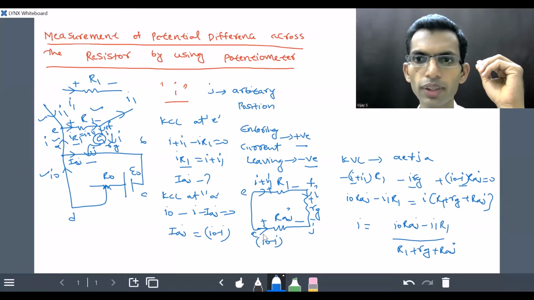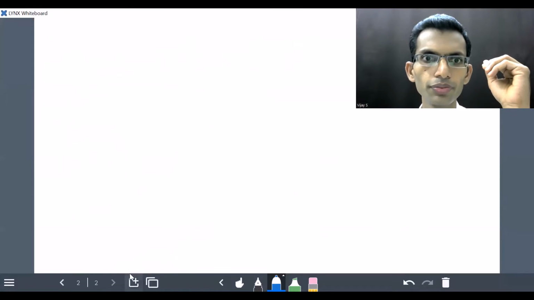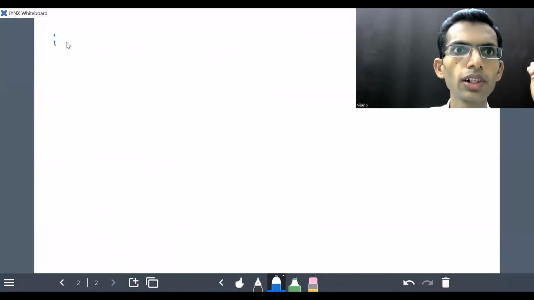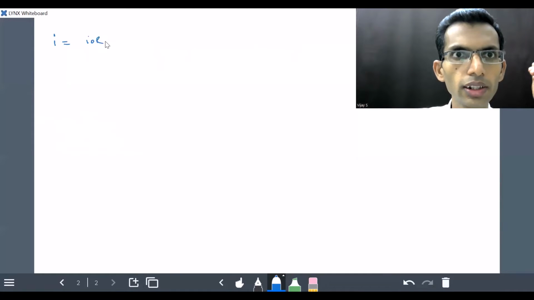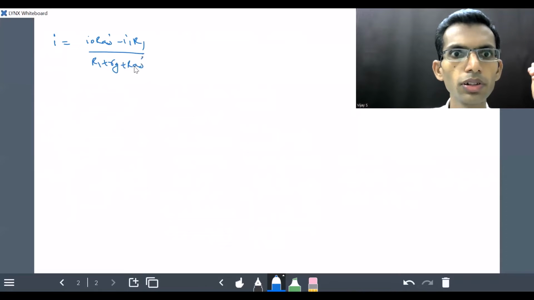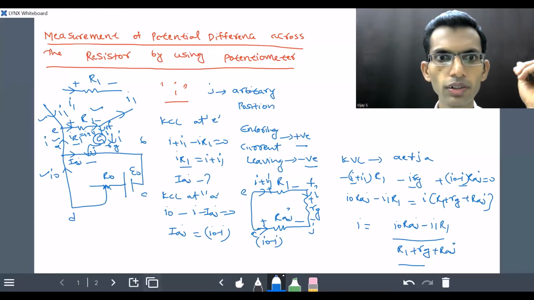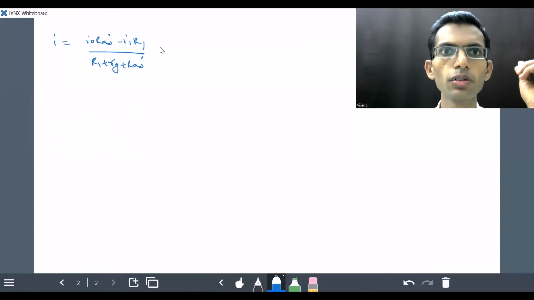Let us move to the next whiteboard. So just now we got the current expression, I0 RAJ minus I1 R1 by R1 plus RG plus RAJ. Let us take it as equation 1.